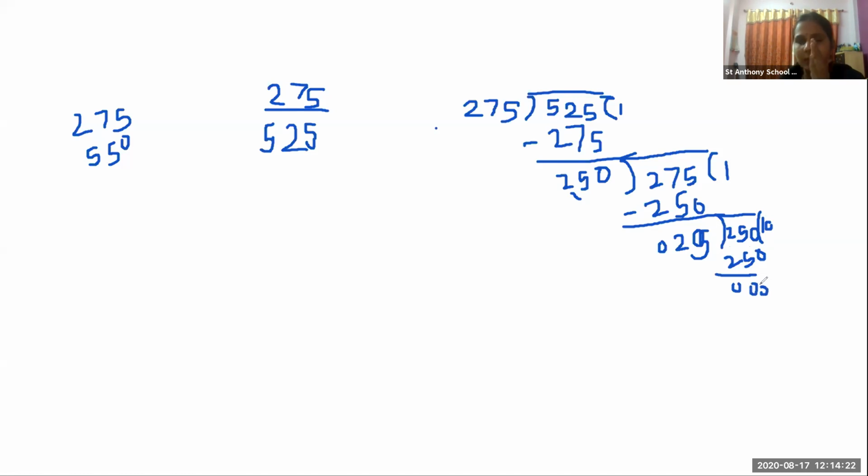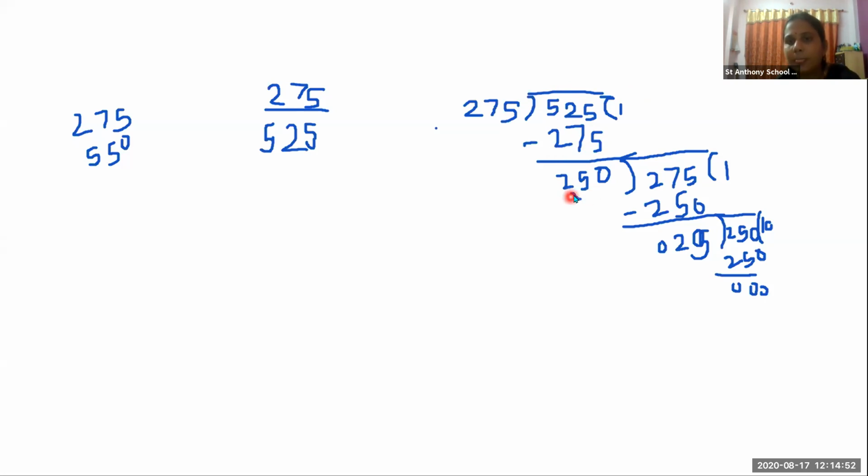Again I repeat this. Pay attention everyone. Here 275 is there, 525 is there. I divide 525 by 275. Now 275 ones are 275. Now 5 minus 5 is 0, 12 minus 5 is 7, 5 minus 3 is 2.